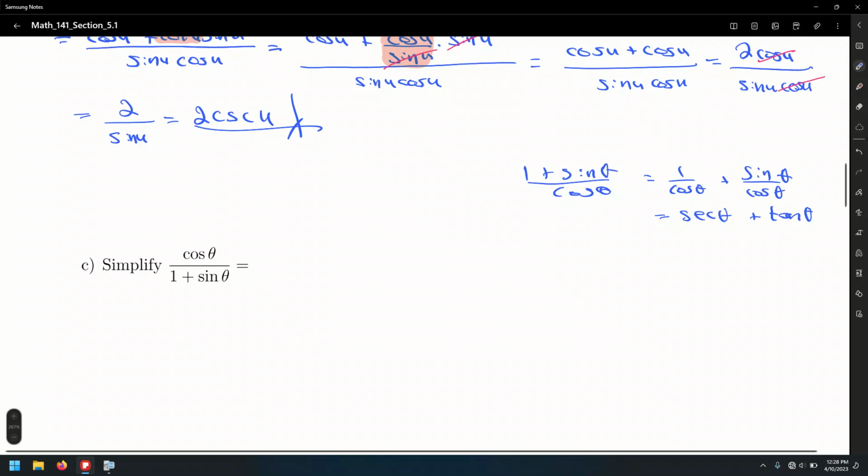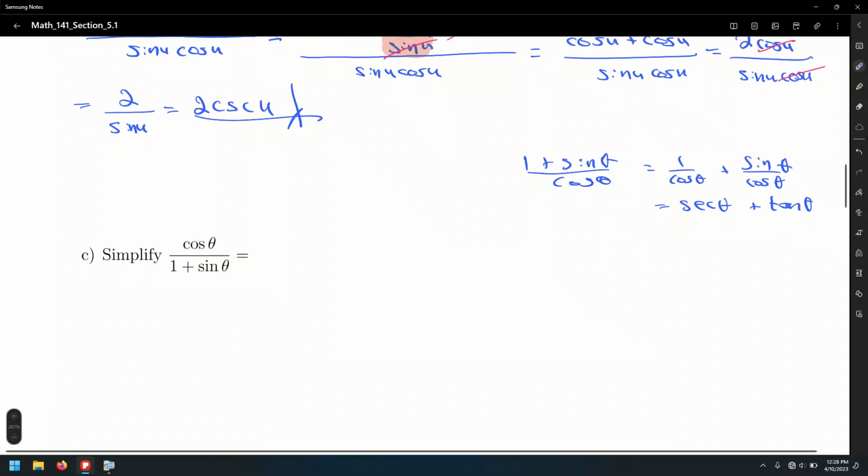On the techniques, the description on the first page, I mentioned something about trigonometric conjugates. So what are those conjugates? We're going to talk about the denominator, and we are going to find the conjugate of the denominator.